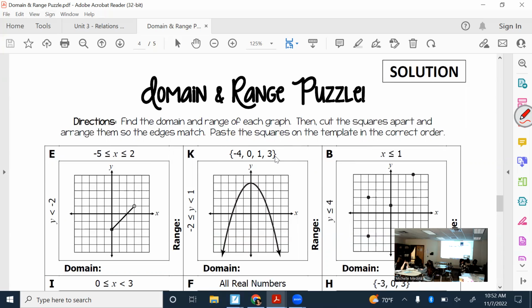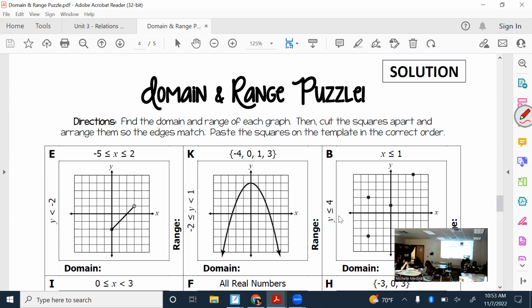None of the domain or ranges will match this one, so that's why it's an edge. Down here, the domain for K is all real numbers, so it matches with F on the bottom and so forth. So you're piecing together based on the domain and range. Does that make sense? So once I fill this out, I should be able to find the part that matches and piece it together like a puzzle.